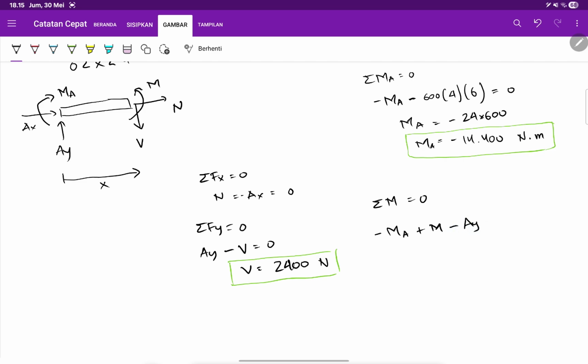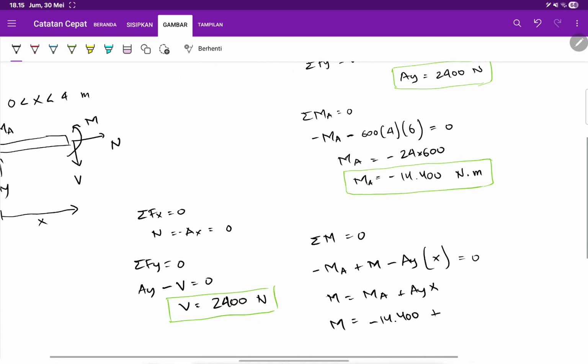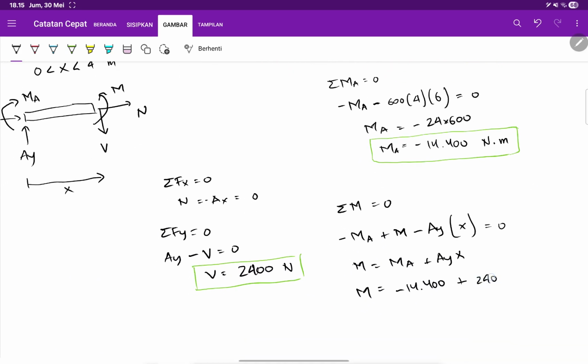Minus AY times the distance, which is x, equals 0, and then your M will be MA plus AY x. And then if you plug everything in, your MA is minus 14,400 plus AY x. AY is 2,400 x. Okay, and that is your internal moment.